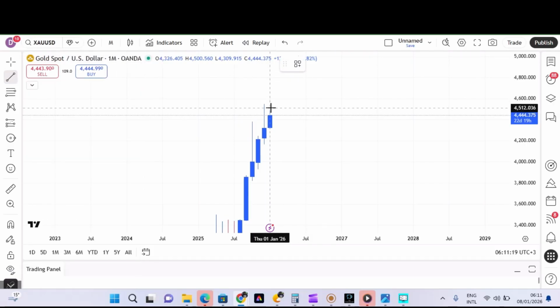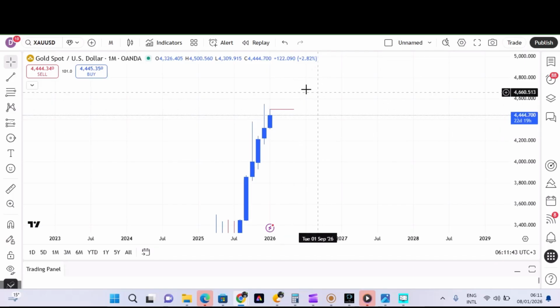If you can take a slight mark here, this is the high price. It is very important to mark high prices and low prices, because those are what we call liquidity zones.